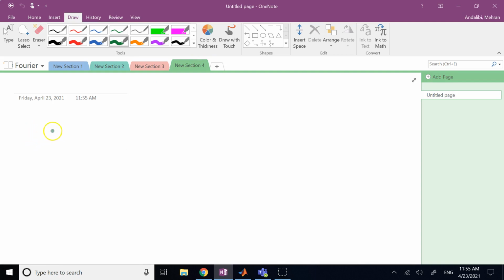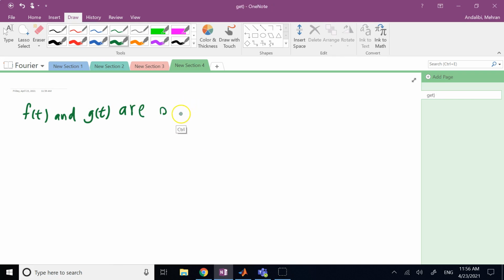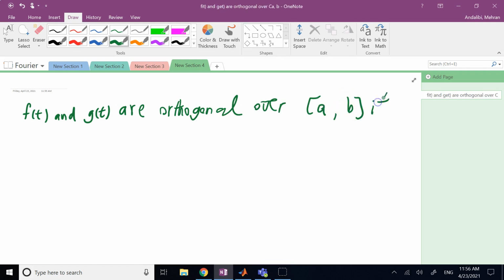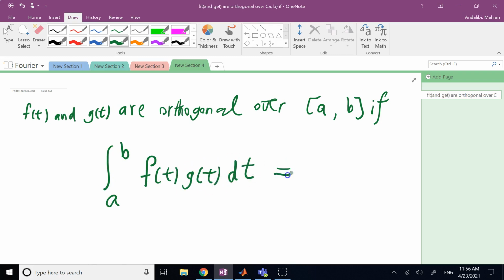In general, we say f of t and g of t are orthogonal over a range of a to b if the integral from a to b of f of t times g of t dt is equal to 0.